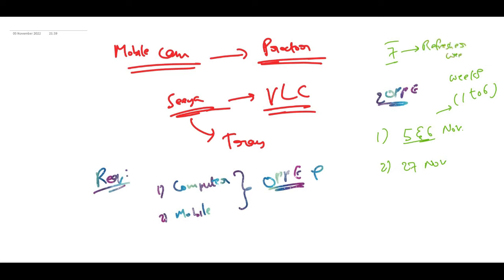It is just a collection of all the weeks from 1 to 6, while 27th November would have weeks 1 to 9, in the sense excluding 7. In this case, week 8 becomes 7, as 7 is the refresher week. 8 gets swapped to 7, 9 gets swapped to 8, 10 gets swapped to 9. That's it.